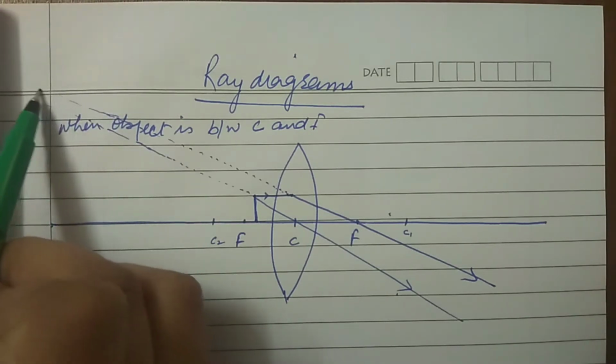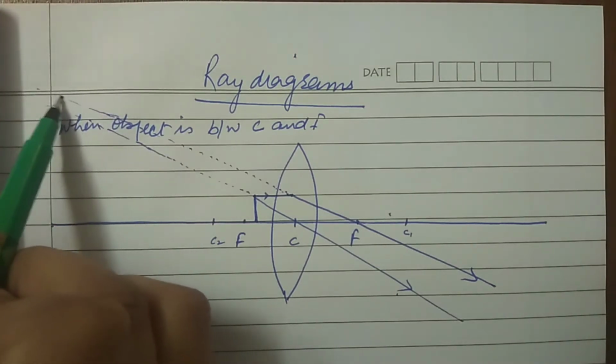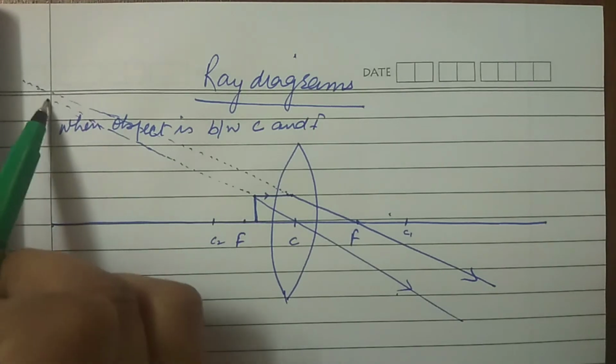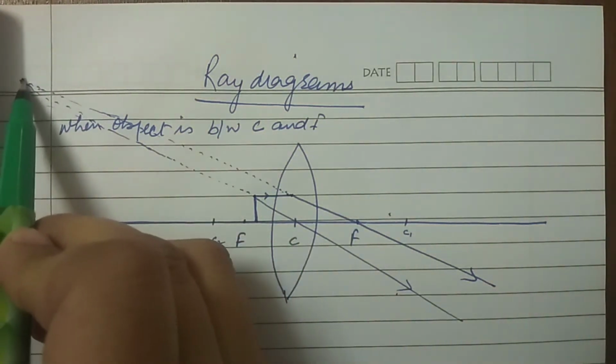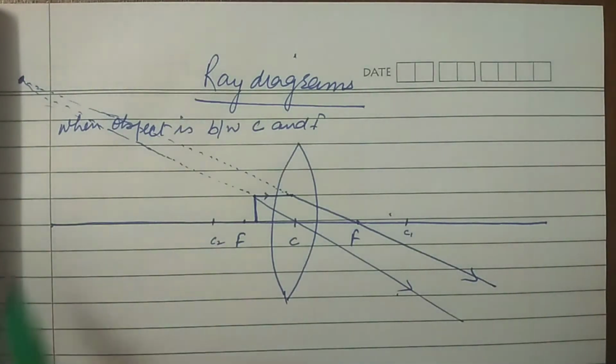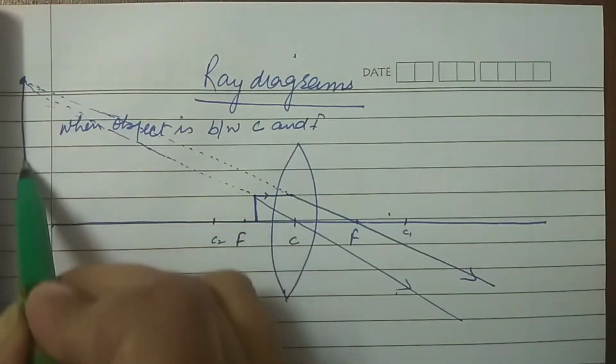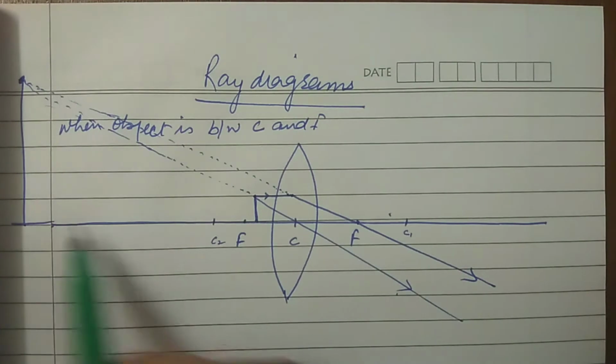You keep extending them in the backward direction till you get the point. So here you see, at this point they appear to meet. When you join this point with the principal axis, you will get the image.